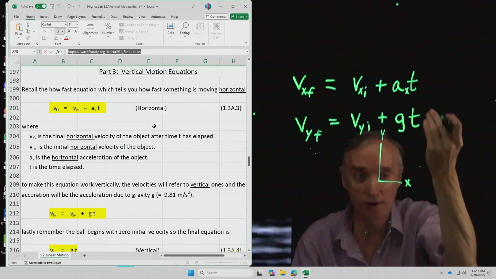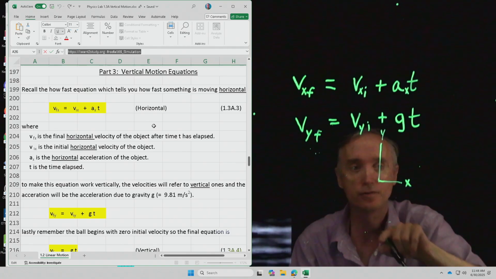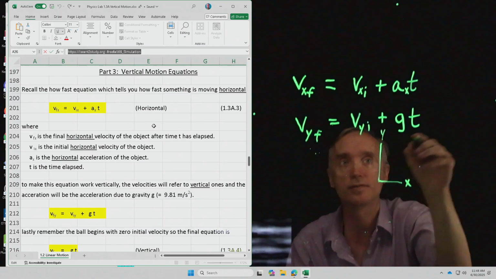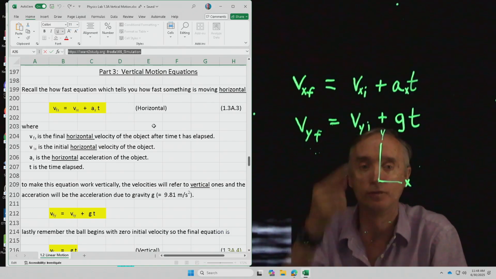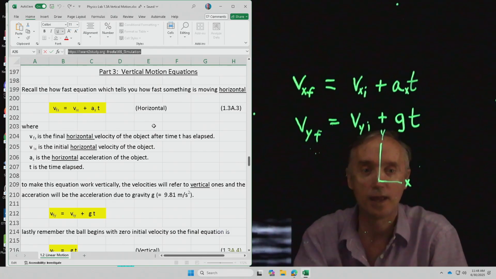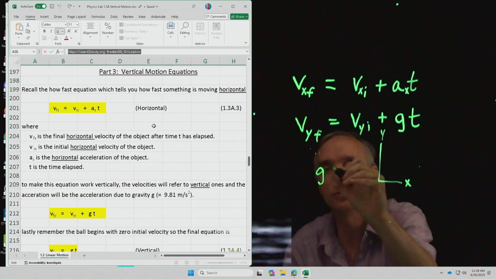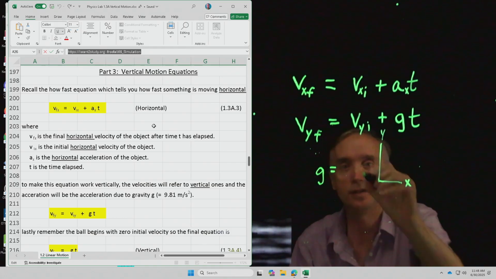No, because gravity always pulls down. So we can just leave that as a regular g, leave this as a regular t, and so this is going to be the how fast equation for vertical motion.